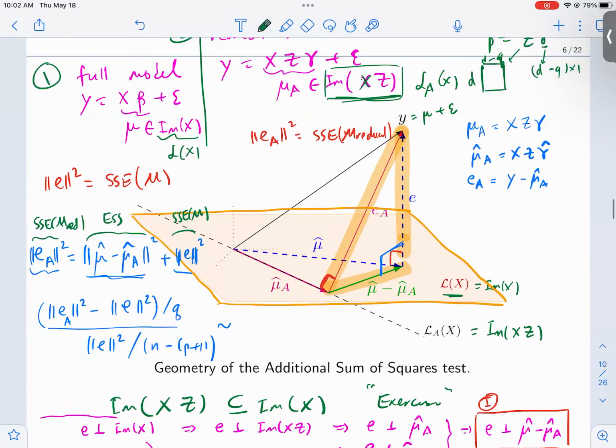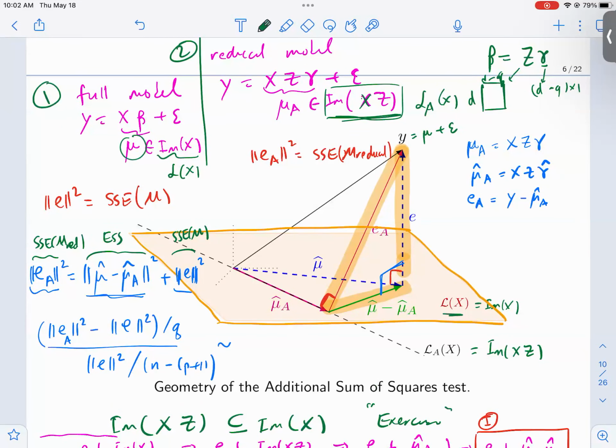Mu is in the image. So if there was no noise, Y would be in the image and everything would be explained by the linear model. Because of that extra noise, epsilon, Y is outside. So that noise has a component which is in the image that can be explained.